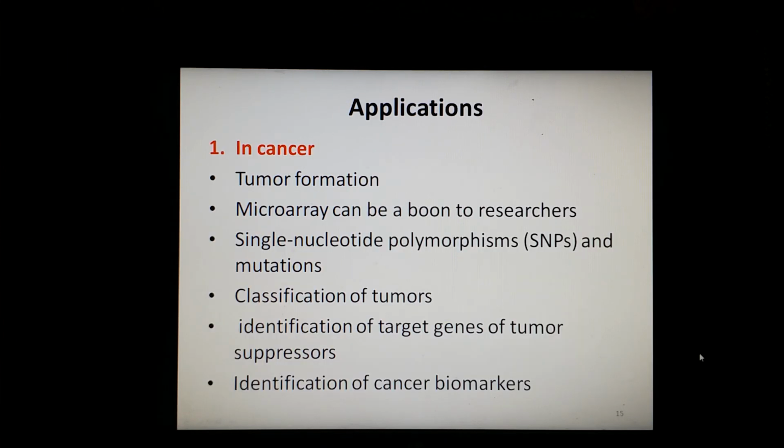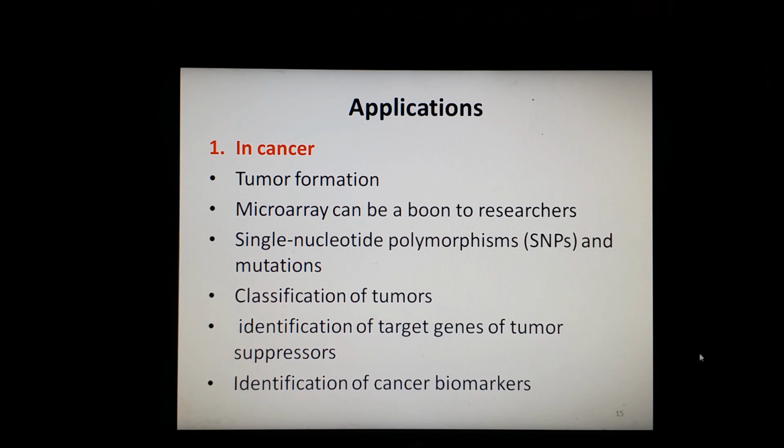Now let's discuss the applications of this microarray technology. The first application is in cancer. As you know, tumor formation involves simultaneous changes in hundreds of cells and variations in genes. And microarray can be a boon to researchers, as it provides a platform for simultaneous testing of large sets of genetic samples. We have discussed this while studying the difference between TMA and this microarray technology.